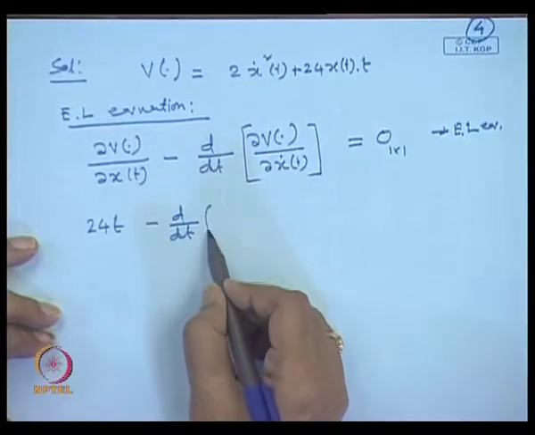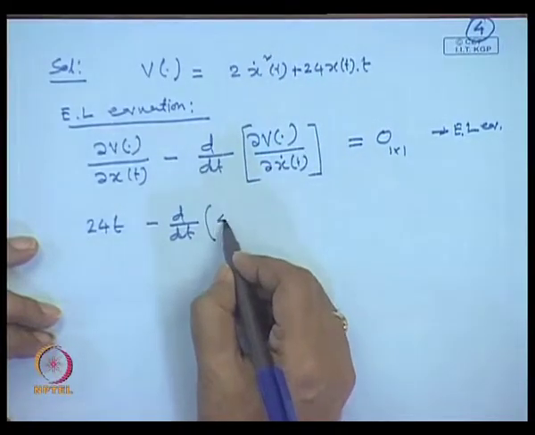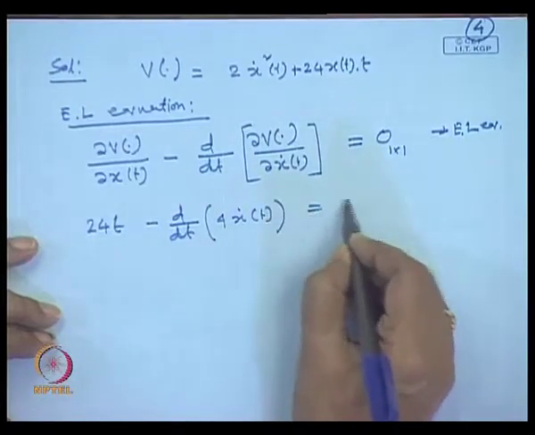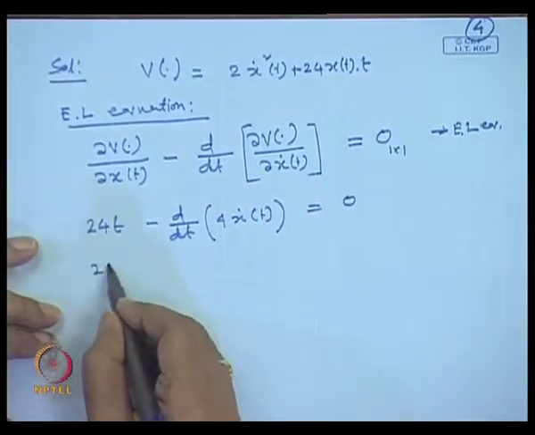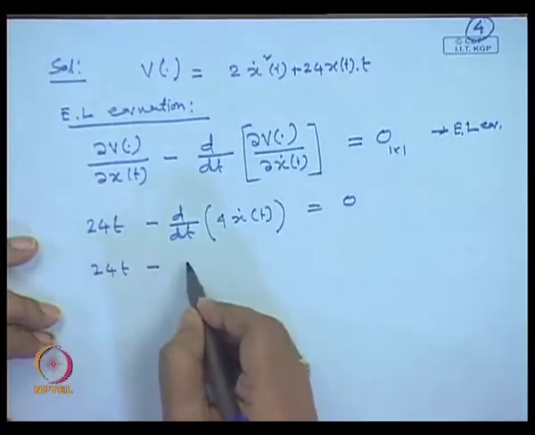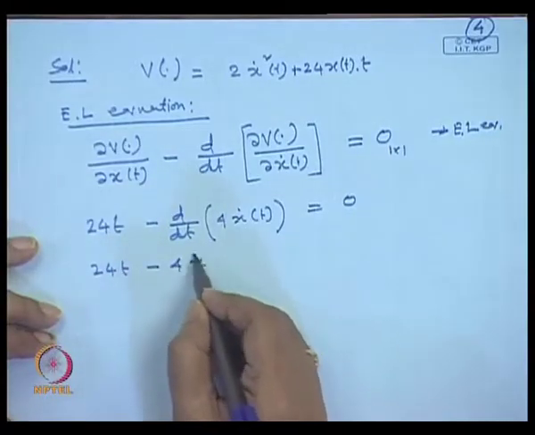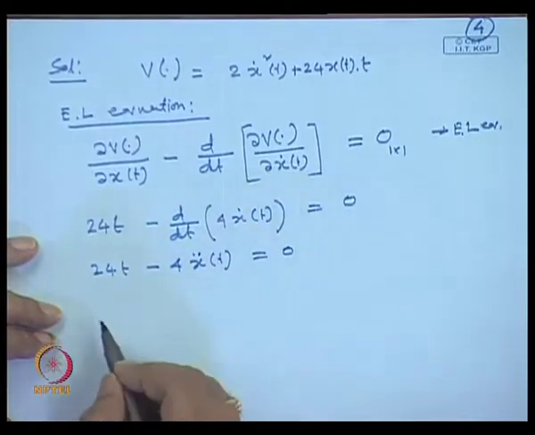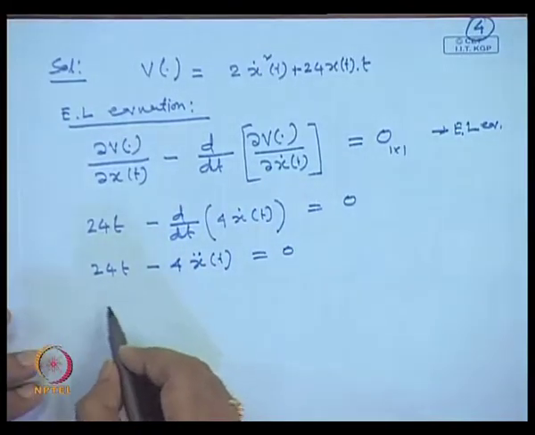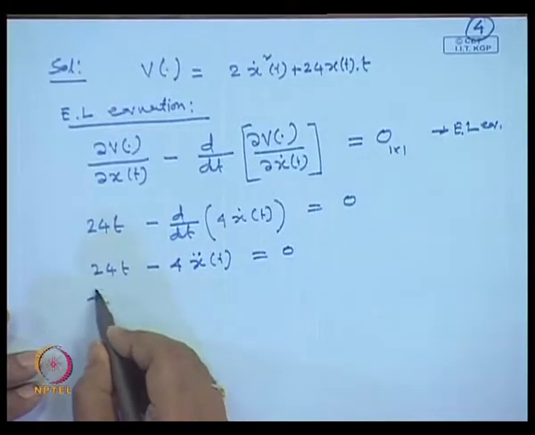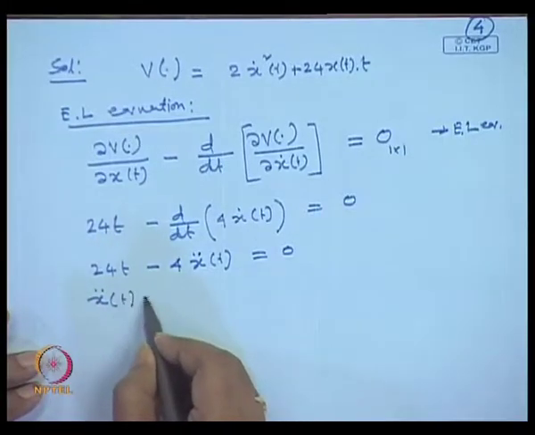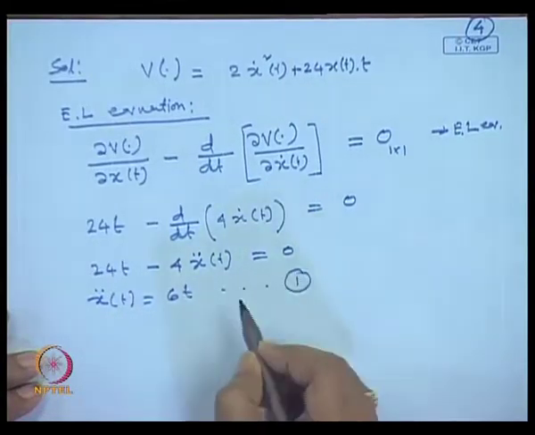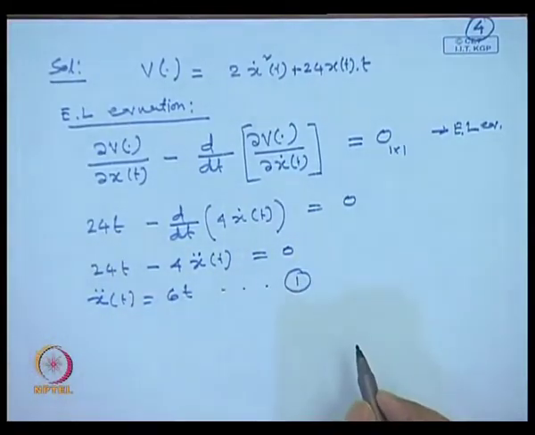That will be 4 x dot of t, so 24 t minus 4 x double dot of t is equal to 0. Then x double dot of t is equal to 6 t, which is equation number 1.